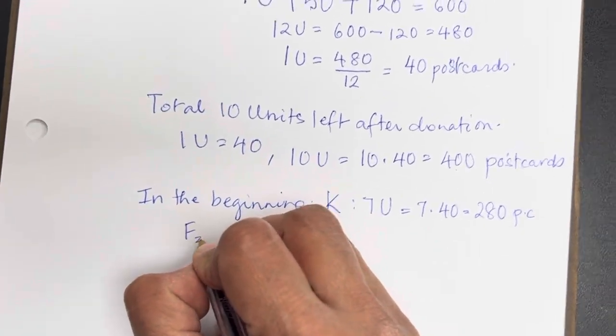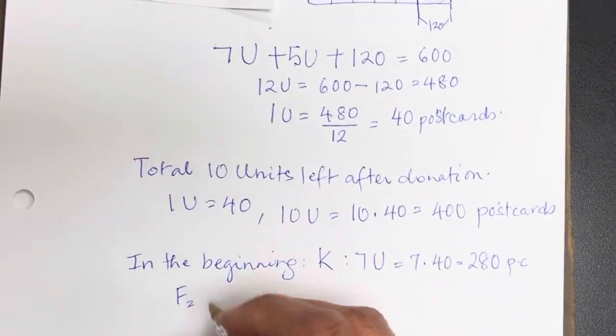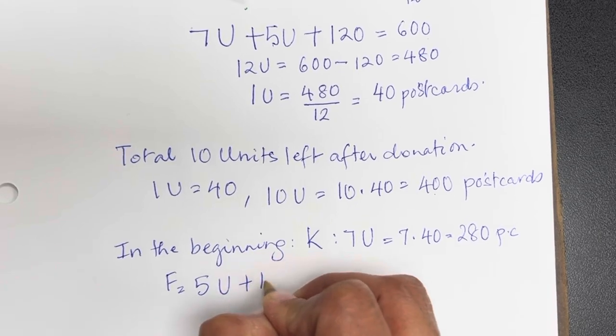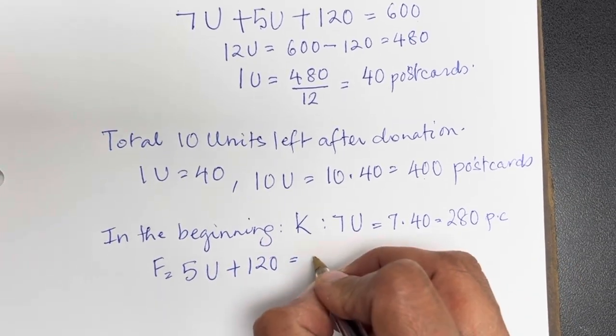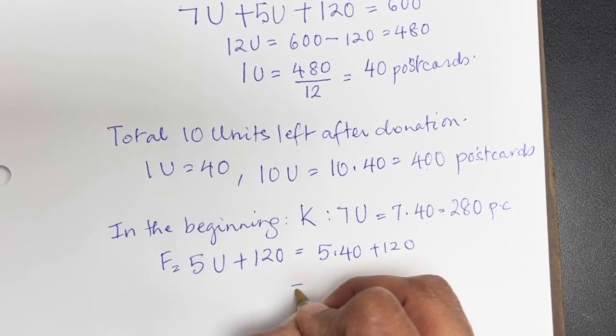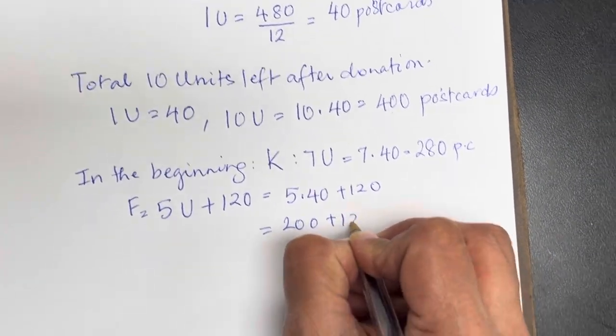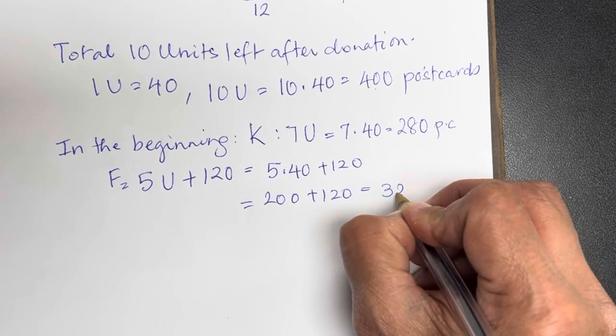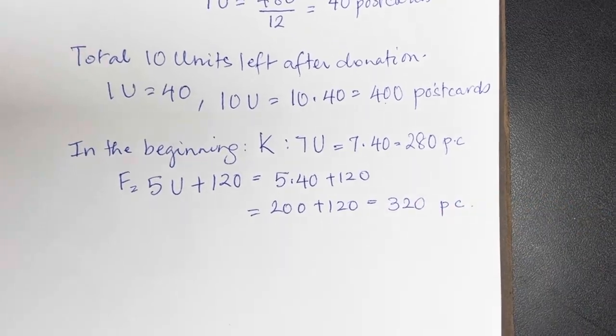And Fiona has 5 units plus 120. 5 units plus 120 is equal to 5 times 40 plus 120 equals 200 plus 120 equals 320 postcards.